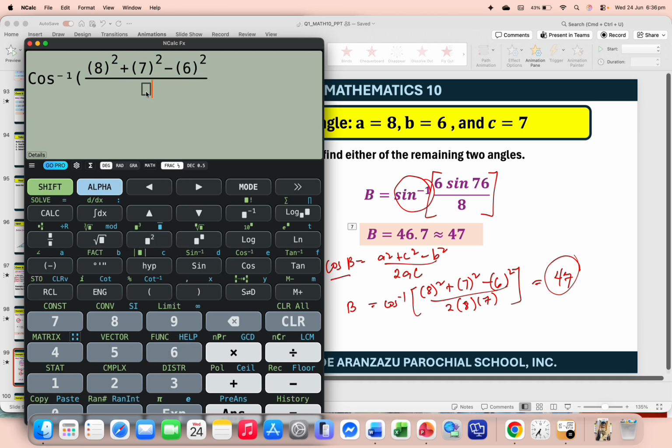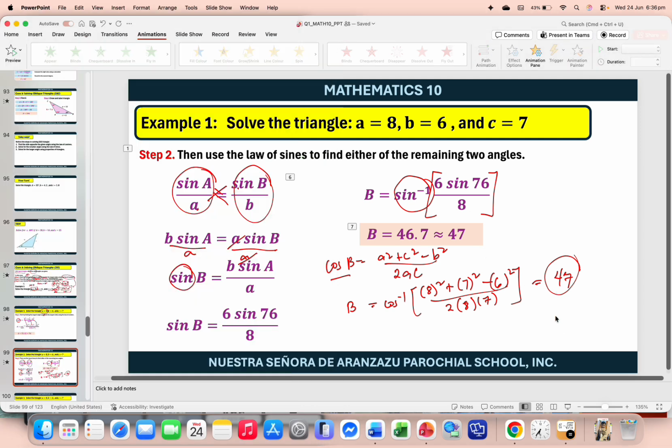Then, sa denominator, we have 2 times 8 times 7. Then, yan. So, that will give us 46.567. So, ganun din. We will get a value of 47. So, malinaw? Okay.